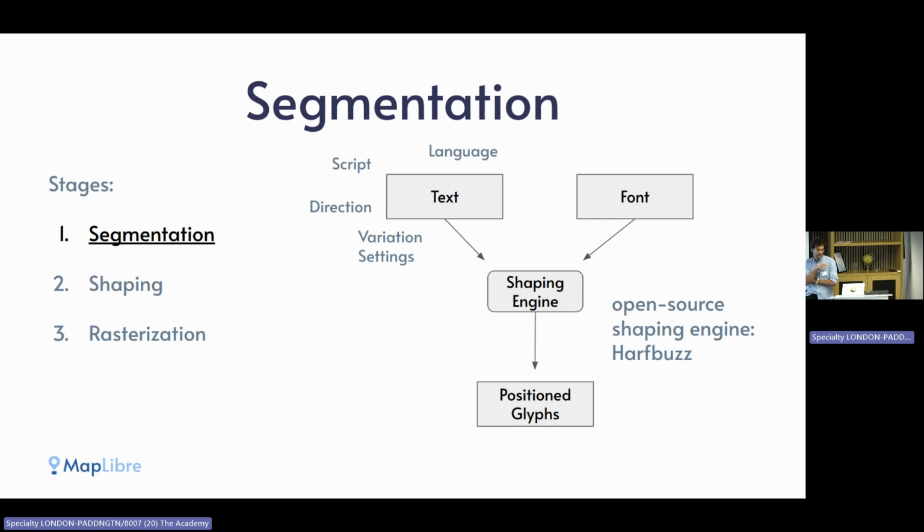For the shaping engine itself, there's a very good open source library called HarfBuzz. There are also proprietary tools, like CoreText on Apple and DirectWrite on Microsoft. But there's a very good open source shaping engine, which is, for example, used in Chrome. So now we have seen these two stages, segmentation and shaping.